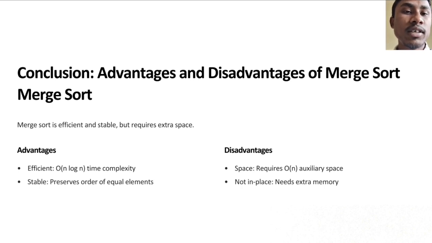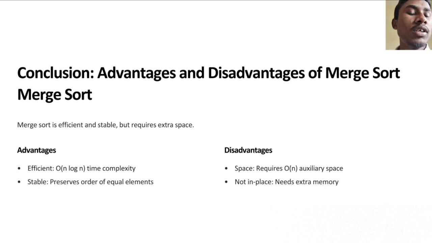Advantages: it is very efficient, with a time complexity of big O of n log n compared to other algorithms, and it is stable, preserving the order of equal elements. Some disadvantages: space. Mainly it concerns space complexity, because it divides into small problems, it requires extra space and auxiliary space.